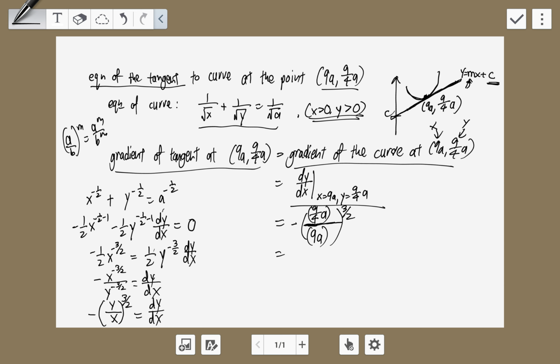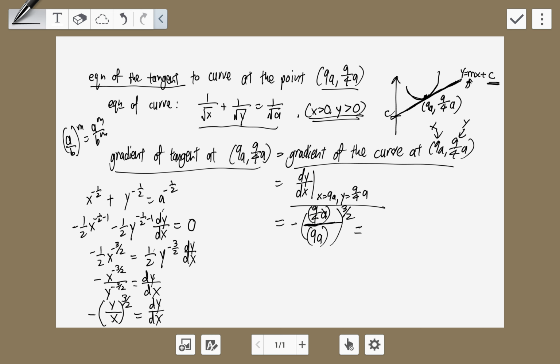The power of over 2 means I square root each of these numbers. I'll just do it slowly for the sake of students who are not so good at algebra yet. Square root each term, because there's a power of half here. Firstly, a and a will cancel, because a divided by a is just 1.